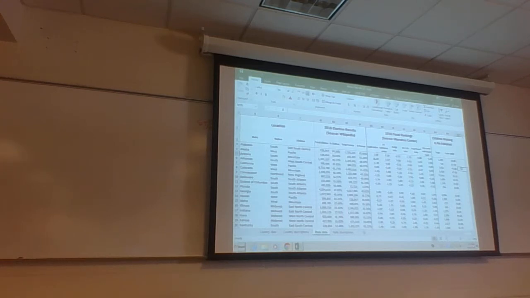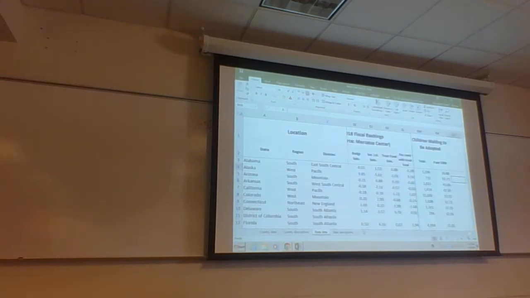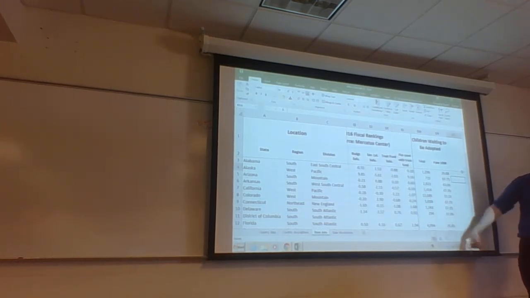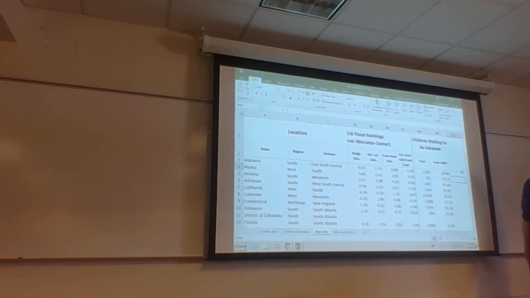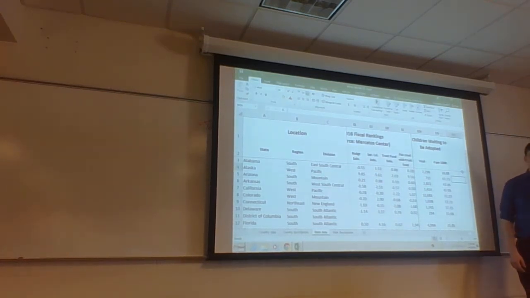So, if you go all the way to the right on the children waiting to be adopted section, some wild fluctuation in this. You'll note that California has over 12,000 children waiting to be adopted, and Alaska only has 700 children.